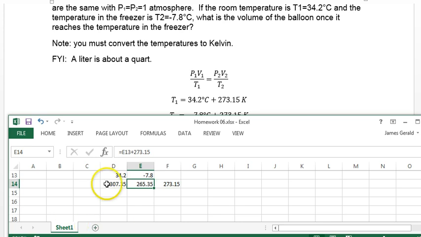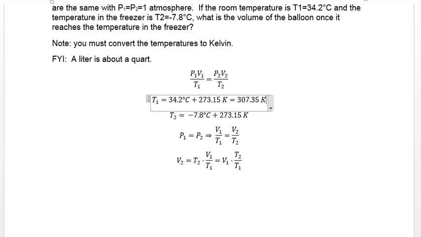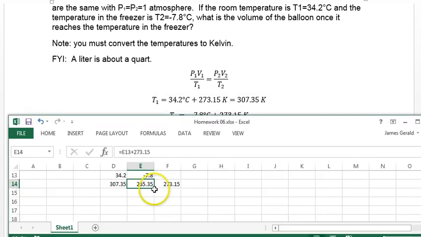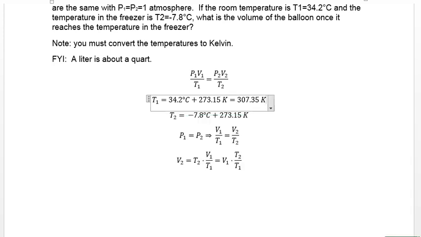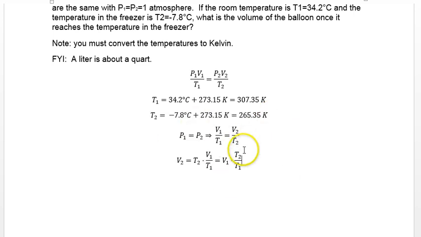Okay, so 307.35 Kelvin and 265.35 Kelvin. Okay, and now we're ready to use this equation down here. We're ready to put everything in there. So V2 is going to be our V1, which is, sorry, V1 is 2.1 liters, right?